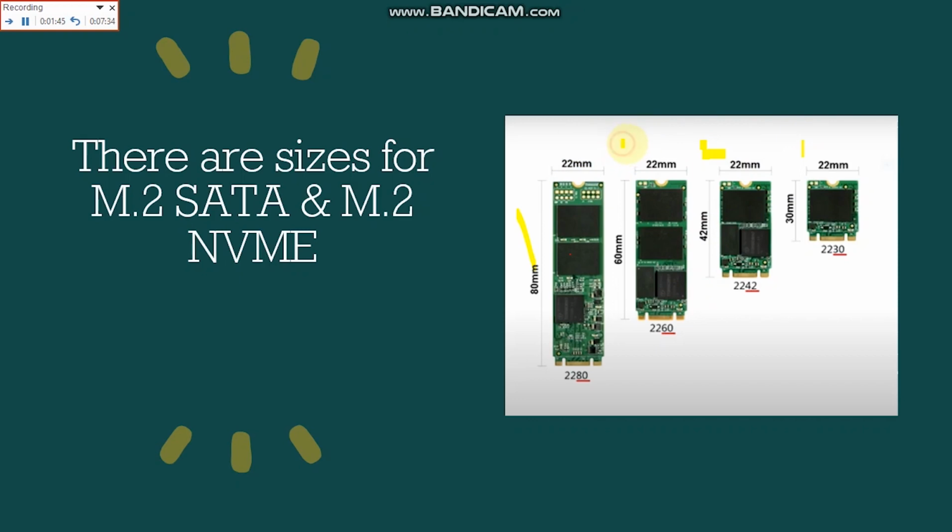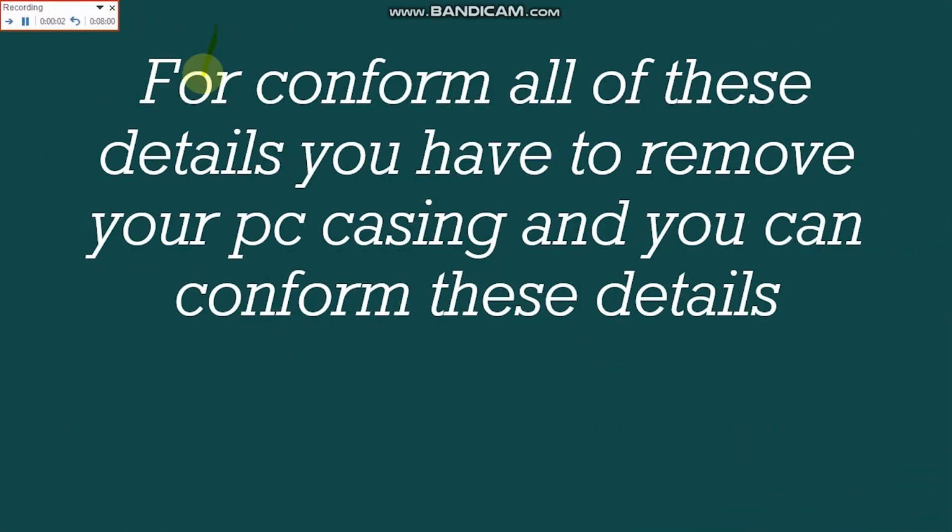And the third one is 60 mm in length and 22 mm in width. And fourth one is most common, it's 80 millimeters in length and 22 millimeters in width. To confirm all of these details, you have to remove your PC casing and you can confirm these details.